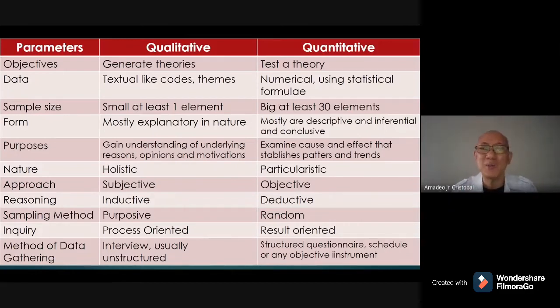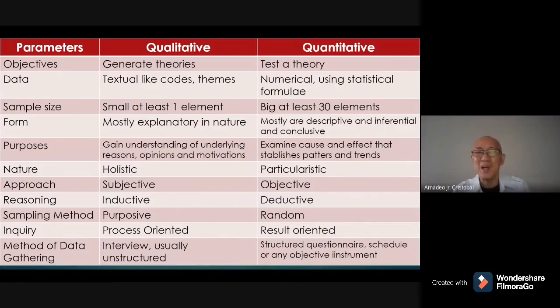That is why we say it is subjective. It depends upon the participants. It also depends on the interpretation of the data by you as a researcher. So whatever your interpretation is as a researcher, it will be written in your paper.